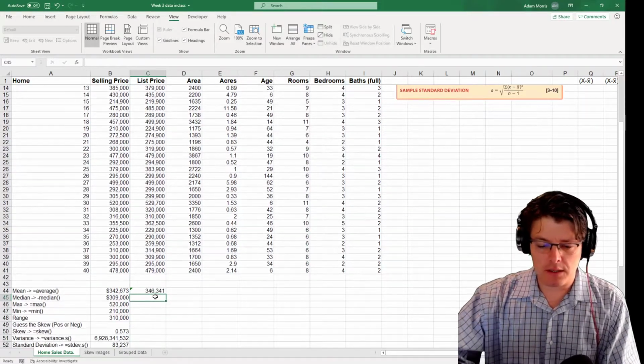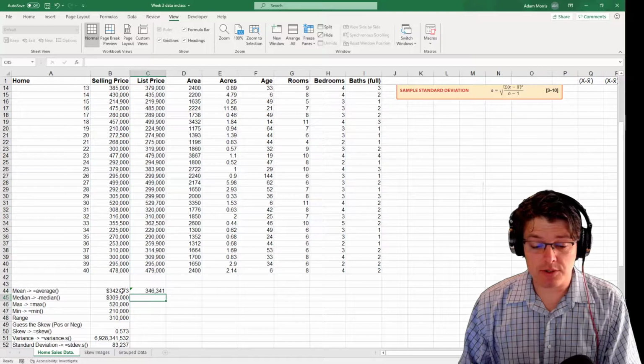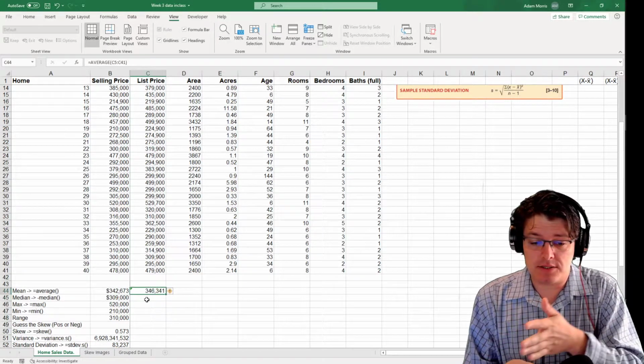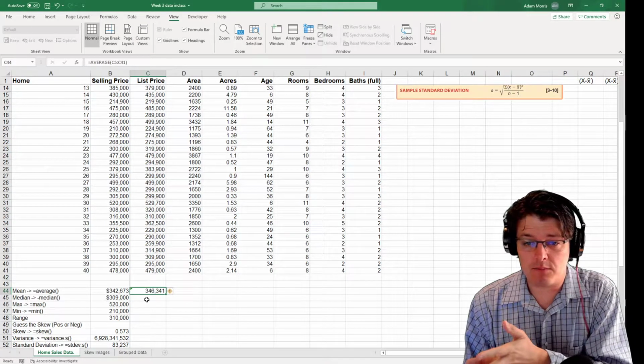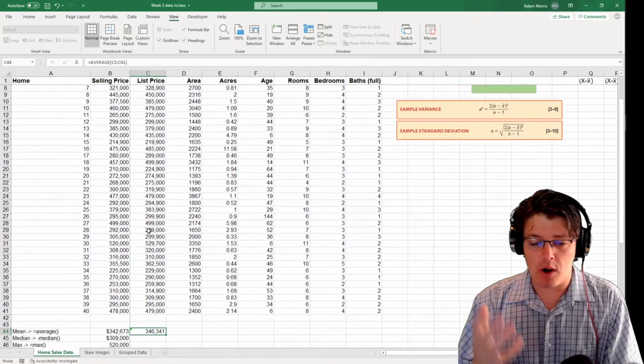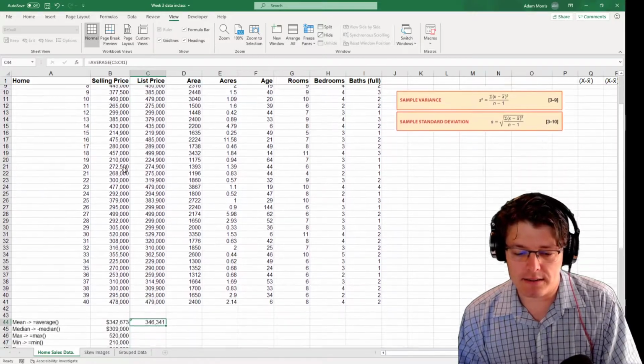So now I know the mean listing price was $346,000. Just from those two calculations, I can see how that might give me good insight as to selling prices ending up pretty close to the list price, whereas when I just look at that wall of data, it's hard to grab what that is.